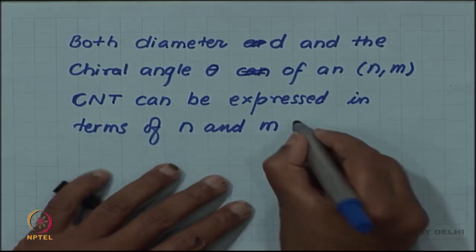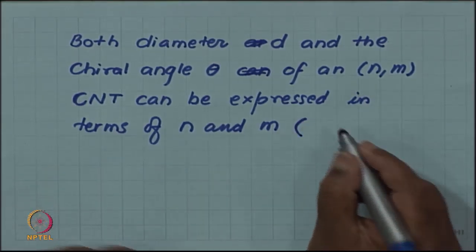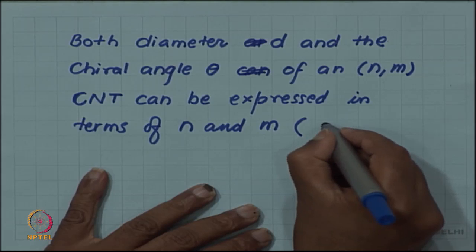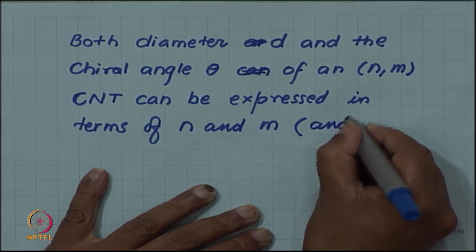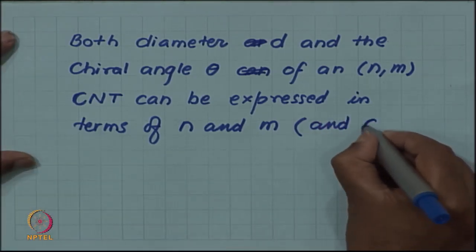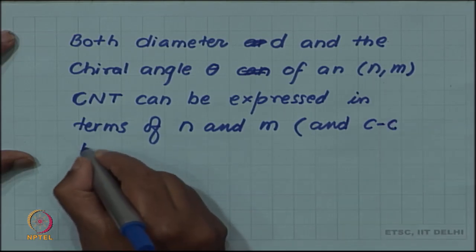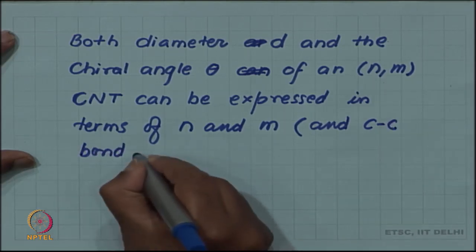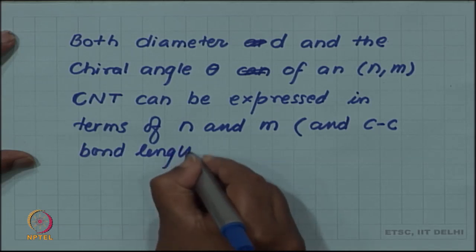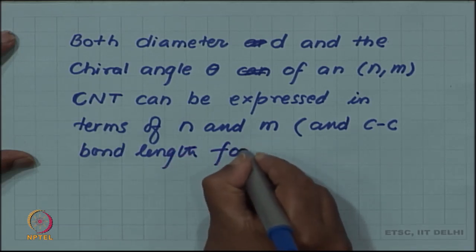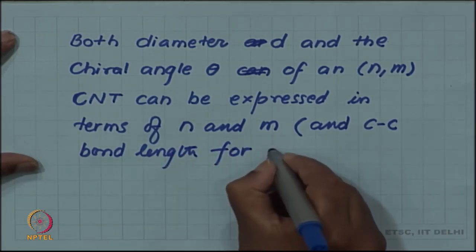And of course, for D you also require a length parameter, which is the carbon-carbon bond length.